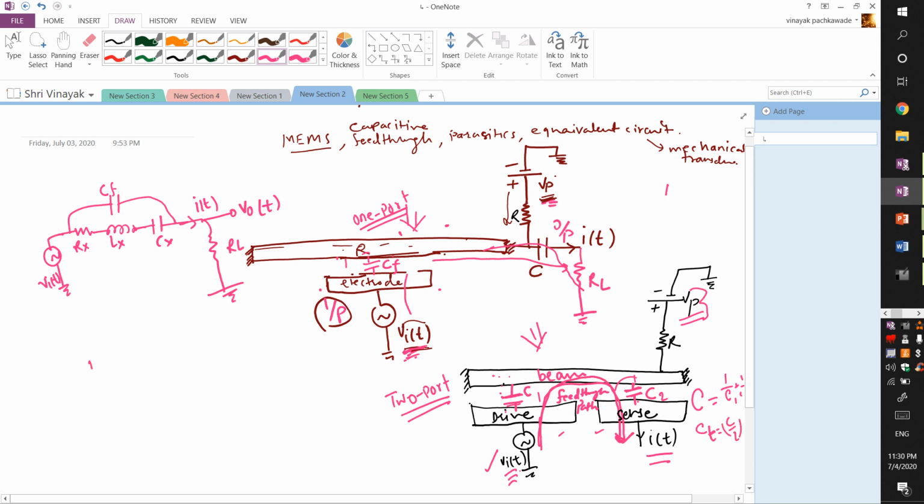So we've seen that the total current is the admittance j omega C into Vi of t plus eta into dx dt.